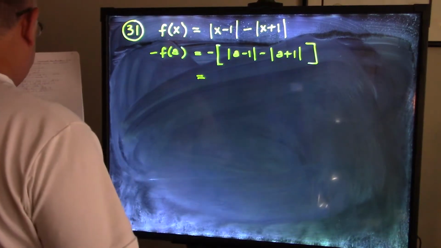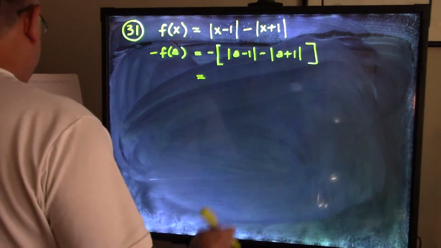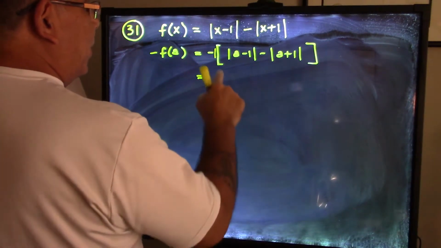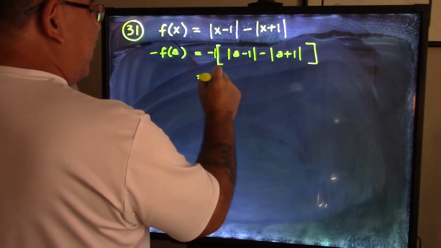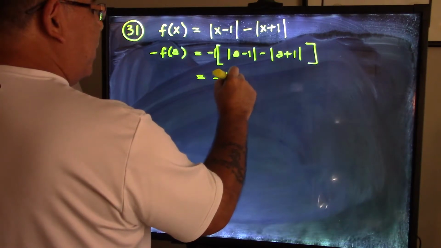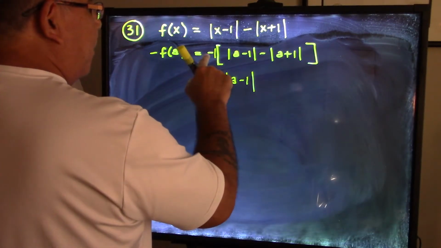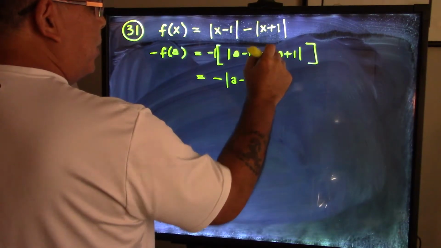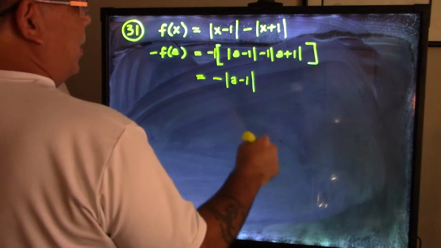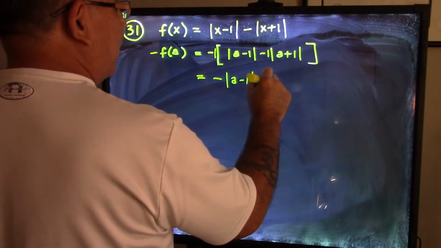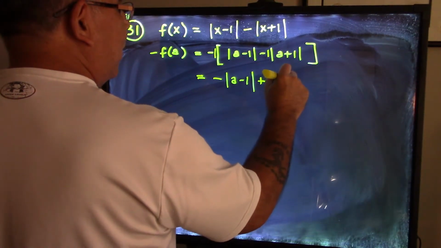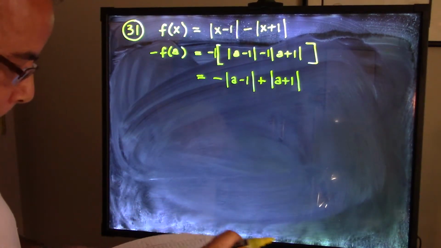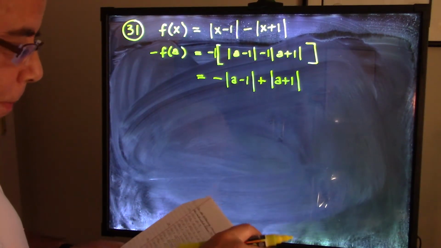And then that equals, think of that as a minus 1 multiplying those two terms. Minus 1 times that is minus absolute value of a minus 1. Minus 1 times this minus, you can think of that as a minus 1 there if you wish. Minus 1 times minus 1 is plus 1, so that becomes plus absolute value of a plus 1. All right? There you go.